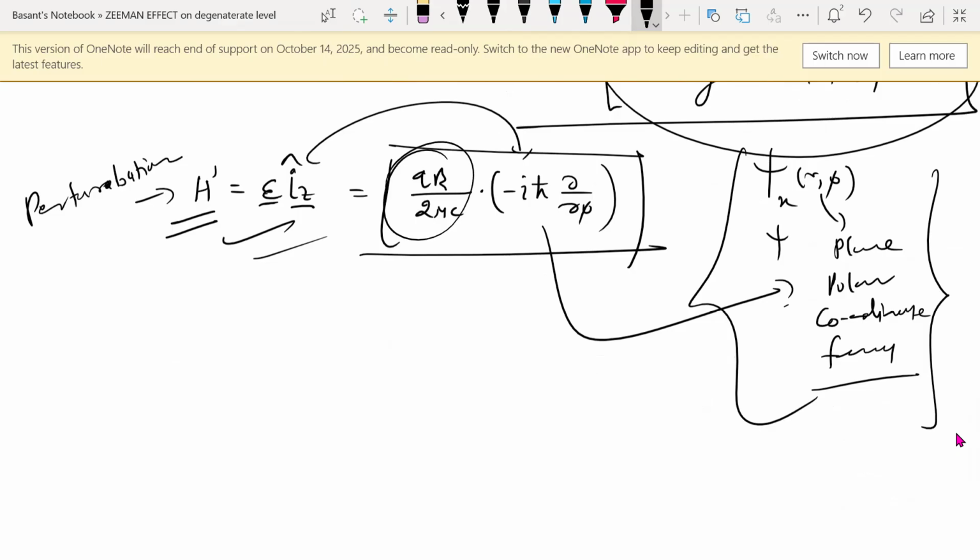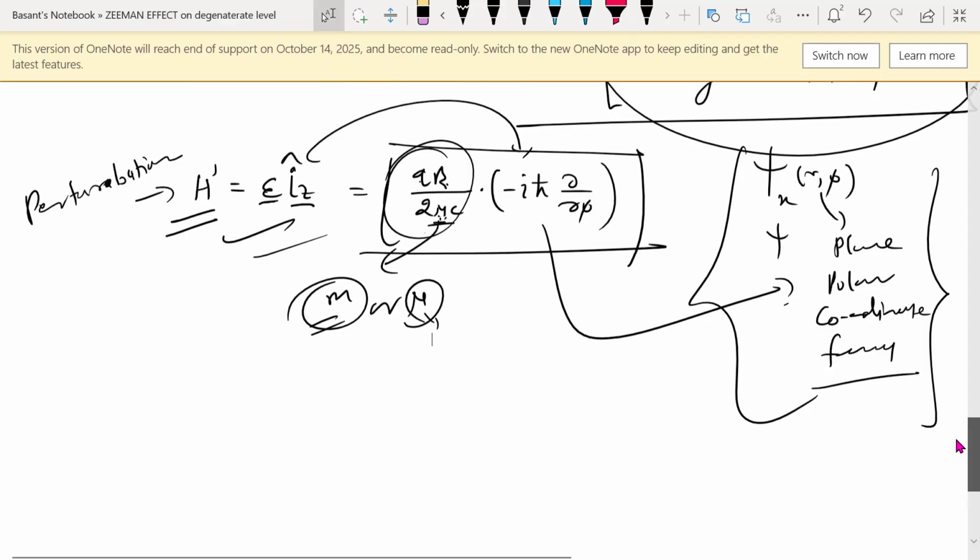Q is the charge, B is the magnetic field, and mu, for a single body you can take this as m, and for more than one body you can take the reduced mass. So here this is given as mu, or you can take m. This is for a combined body system.